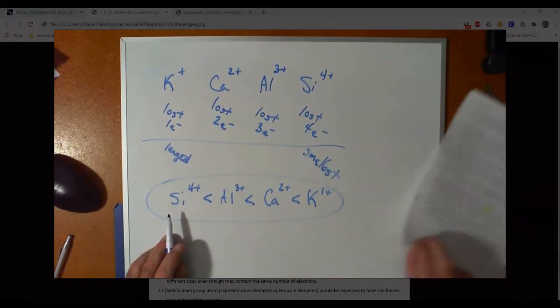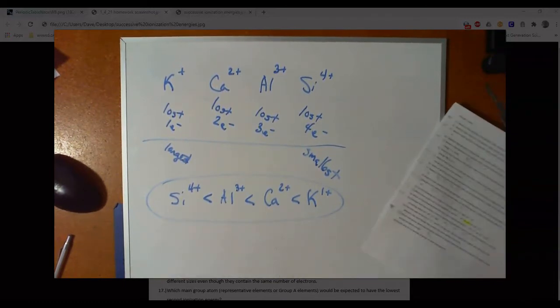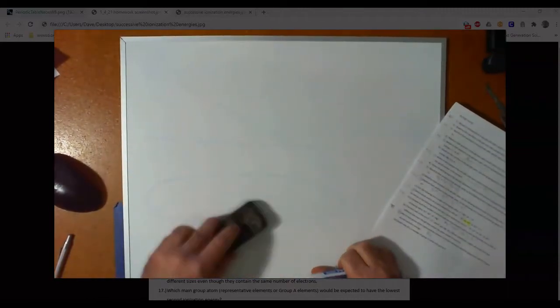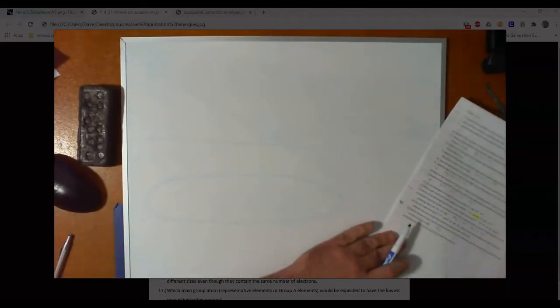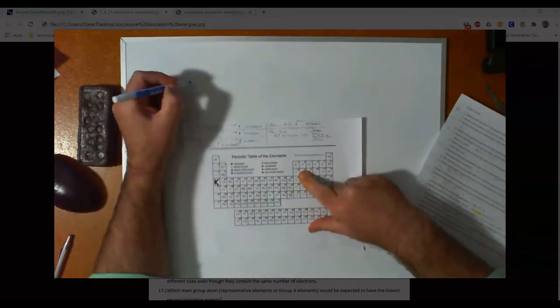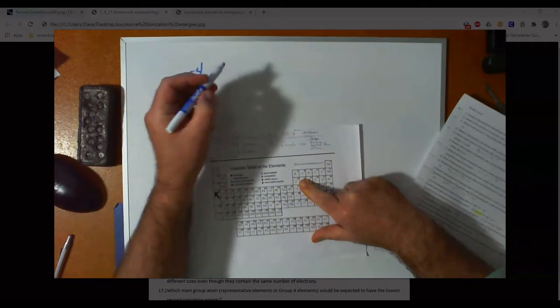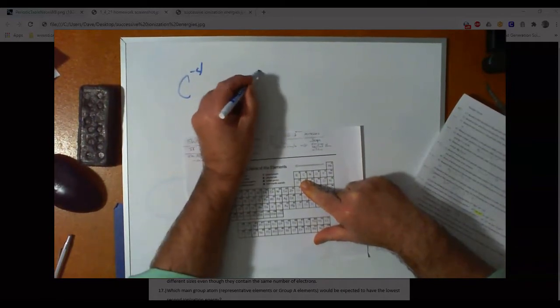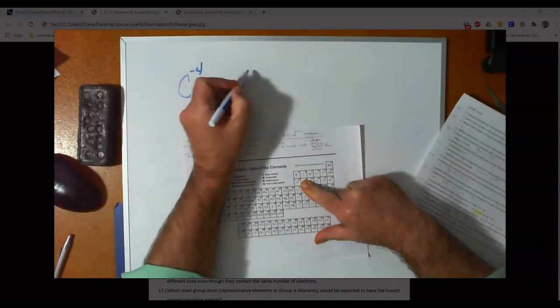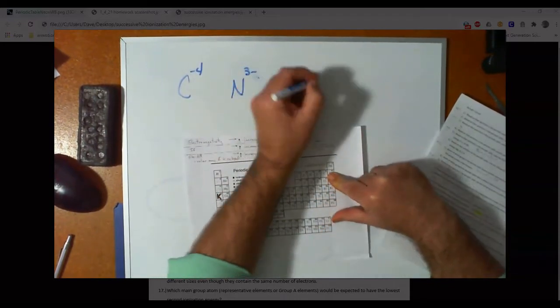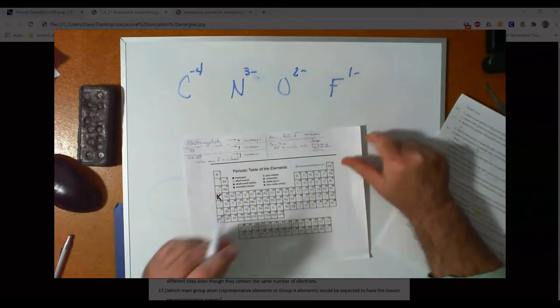All right. Now, just for sake of completion, what if we weren't doing positive ions but negative ions? All right. Let's say we had, I don't know, say carbon -4, nitrogen -3, or 3-, oxygen 2-, and fluorine 1-.